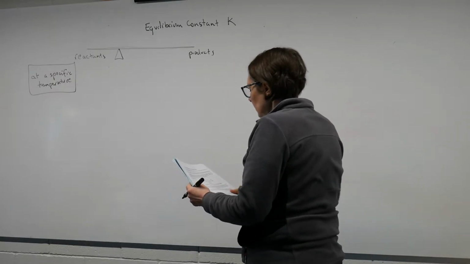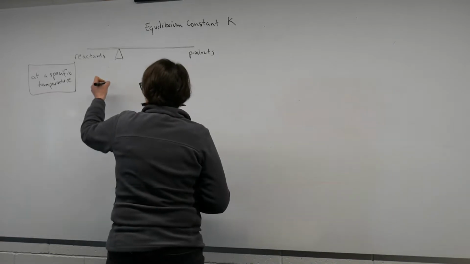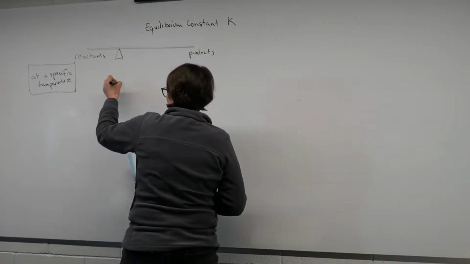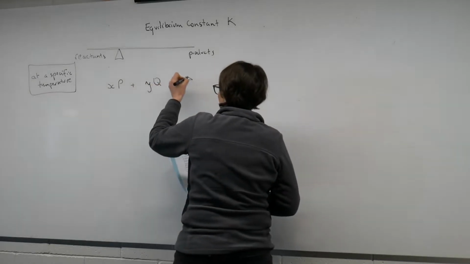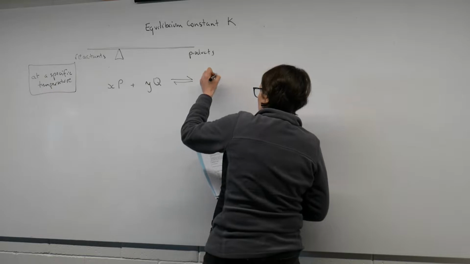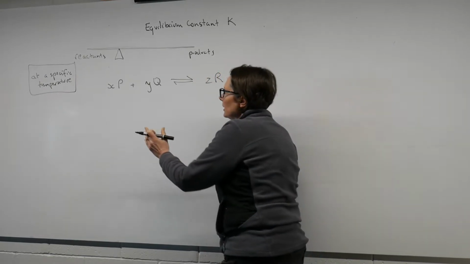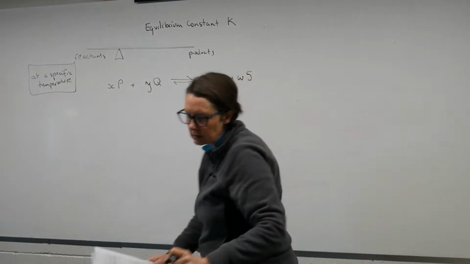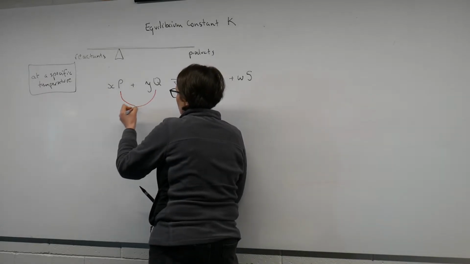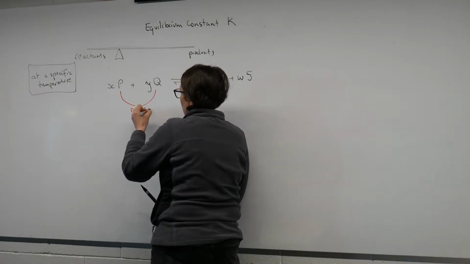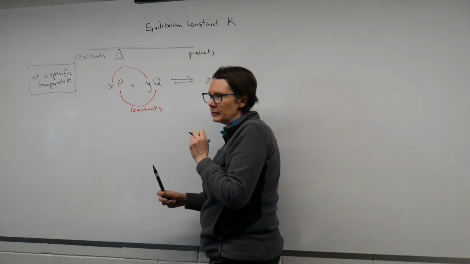Now, how do we work out what K is? If we think about a generic reaction, and this is on your formula sheets, we're saying that P and Q are our reactants, and X and Y are the coefficients for our balanced equation.